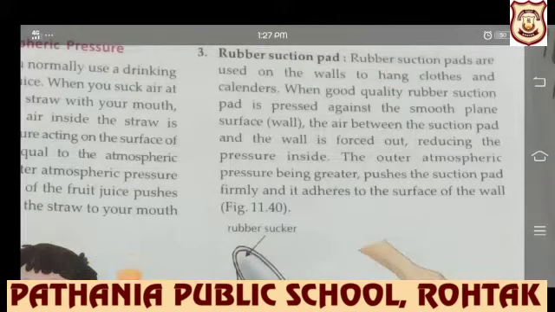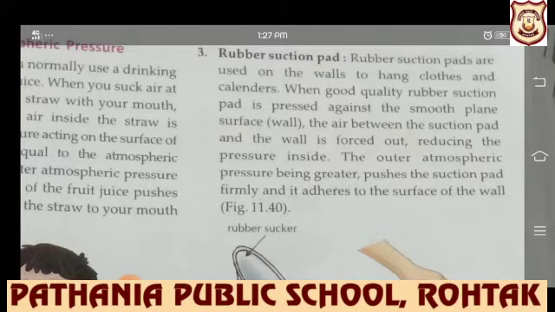Now we are moving on to the third application, that is rubber suction pads. These pads are used on the walls for hanging clothes, calendars and many more items. When a good quality rubber suction pad is pressed against a smooth wall, the air between the suction pad and the wall is forced out, reducing the pressure inside.